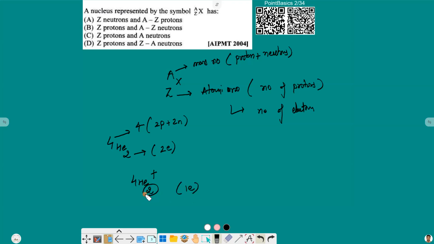So this 2 actually indicates the number of protons, not the number of electrons. The number of electrons is calculated using the charge and the number of protons. We subtract the positive charge from the number of protons and we get the number of electrons. So here Z denotes protons and A minus Z denotes neutrons. So option B is the right answer.